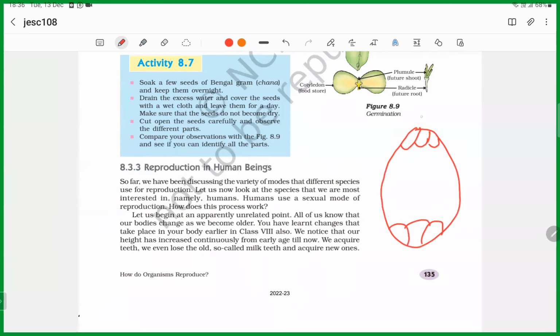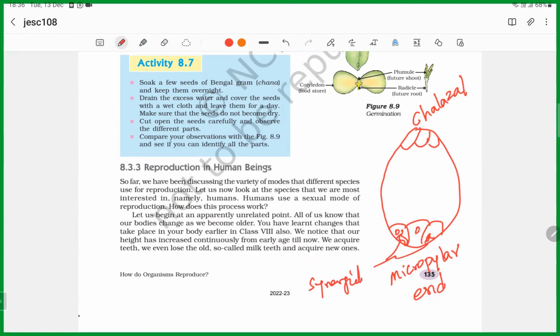Do you remember? This is the chalazal end, and this is the micropylar end. And here these two are called what? Synergids.